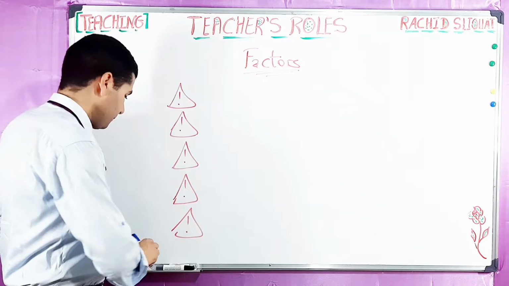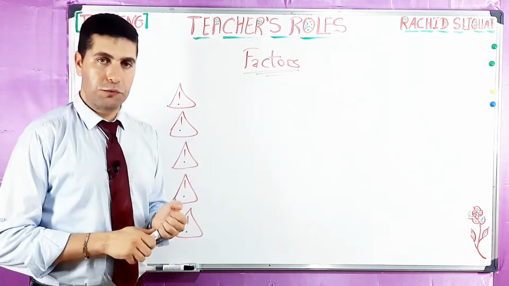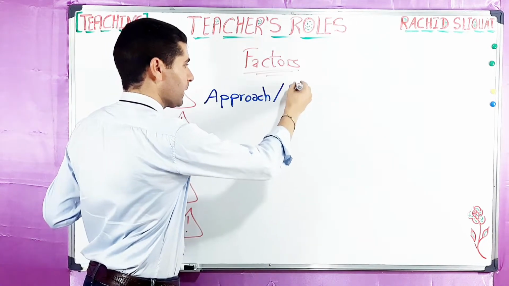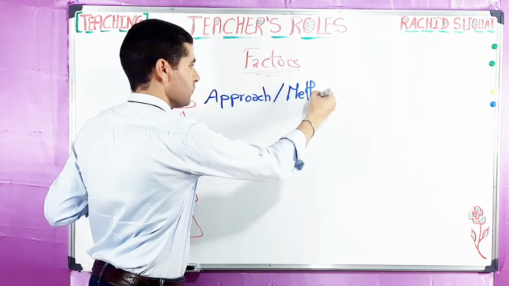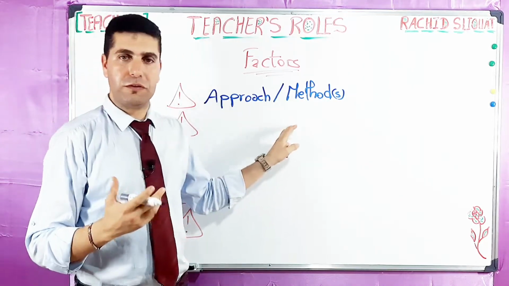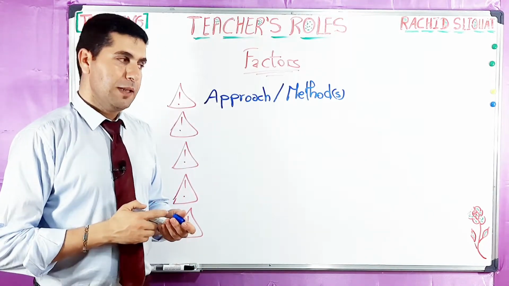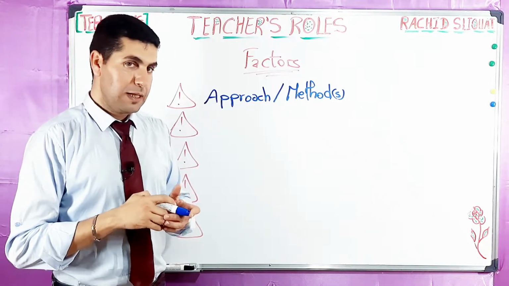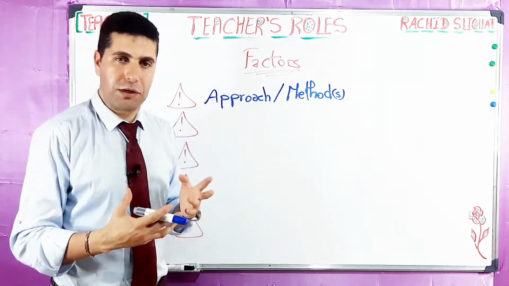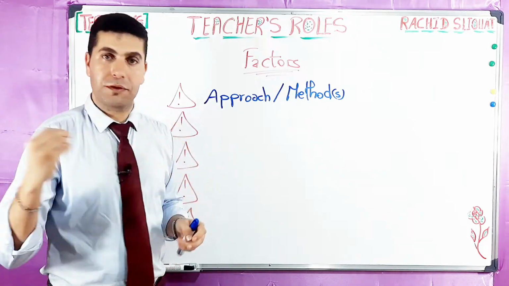Now, the first factor that interferes in the teacher's roles is what we call the approaches or the methods you use. Okay, the methods and approaches you adopt in your classroom teaching. Now, how do you think these approaches and methods can interfere in identifying and specifying your roles in the classroom?